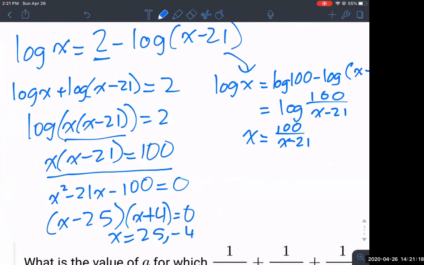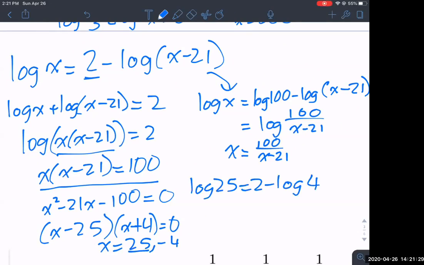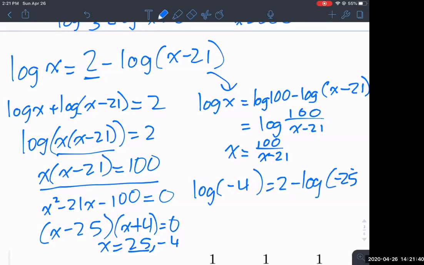Now what we want to do is plug it back in to make sure it works. So we have log 25 is equal to 2 minus log 4. Sure, there's nothing undefined in there, so it works. But the problem with -4 is that we have log -4 is equal to 2 minus log -25. You can't take the log of a negative. So -4 doesn't work. There's only one answer, and that's just 25.